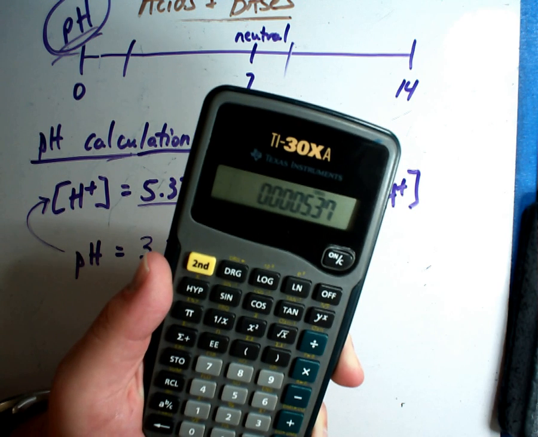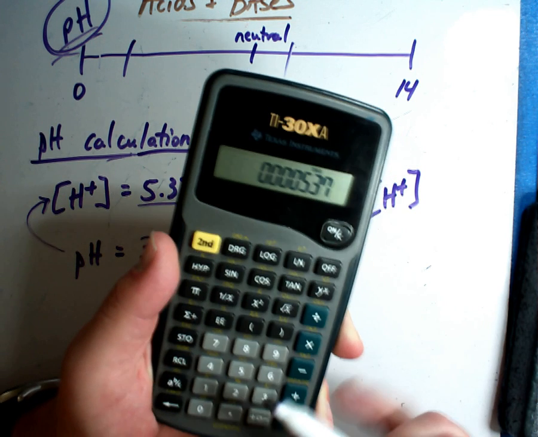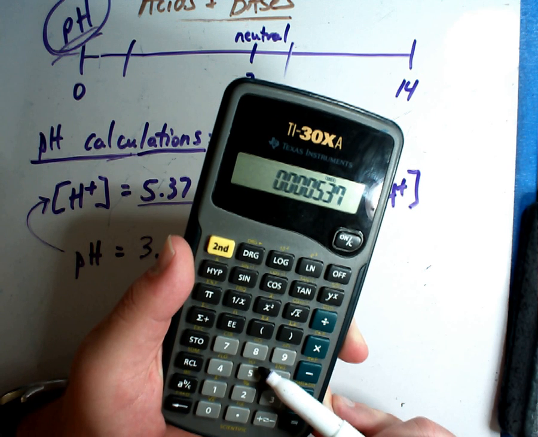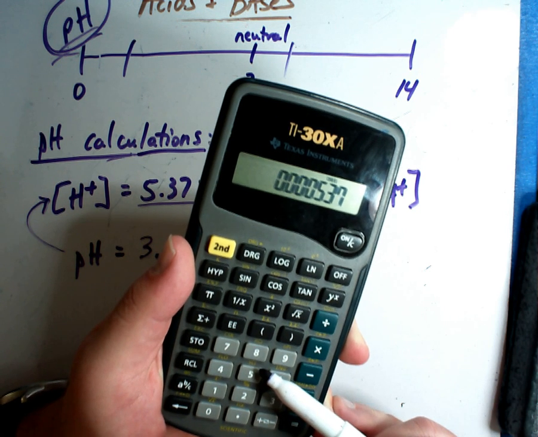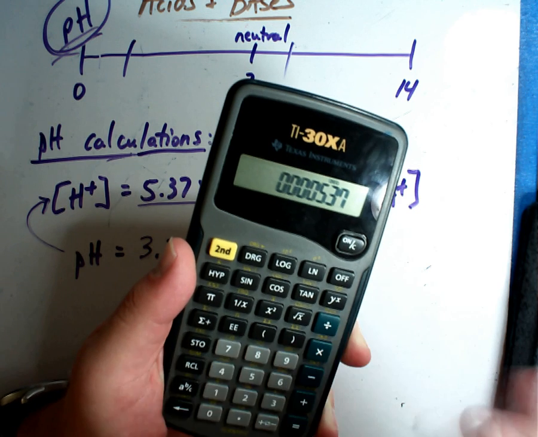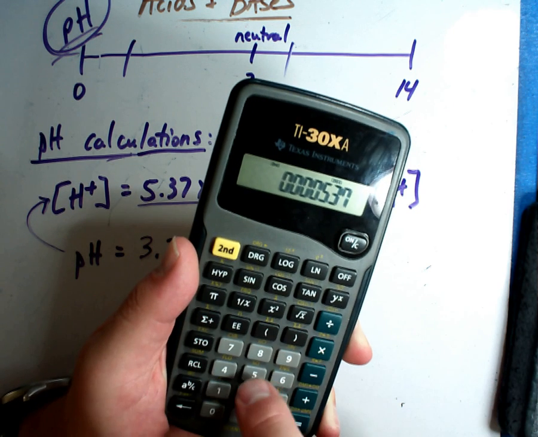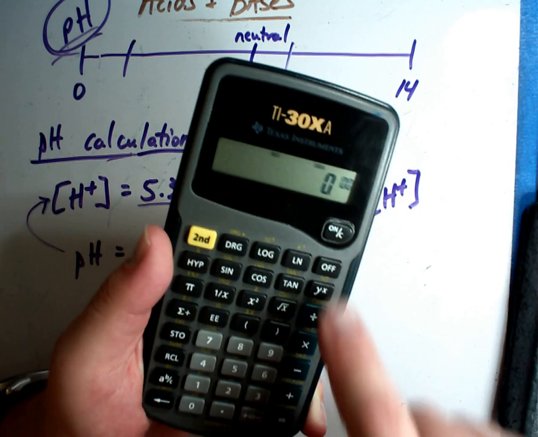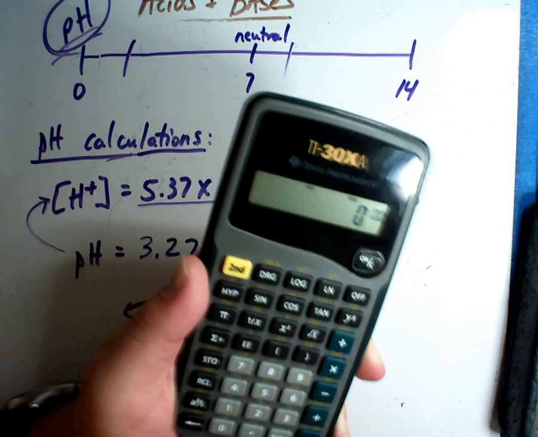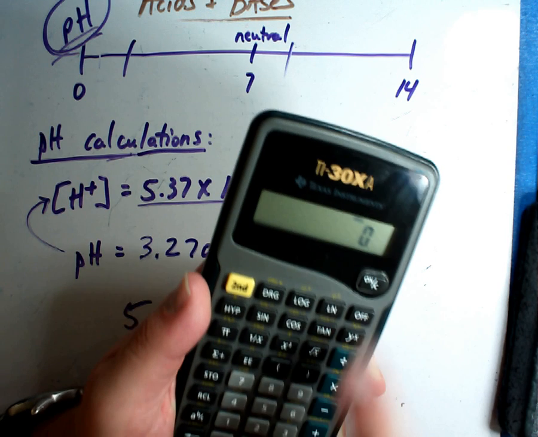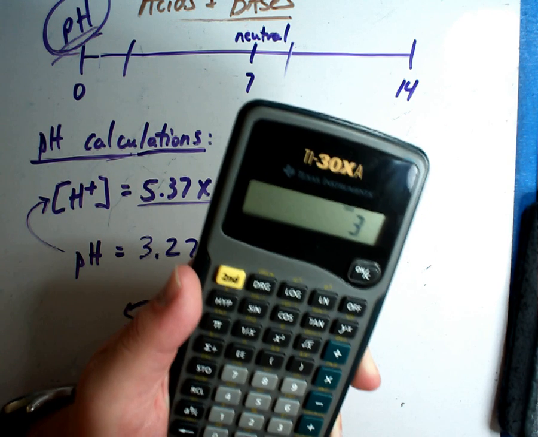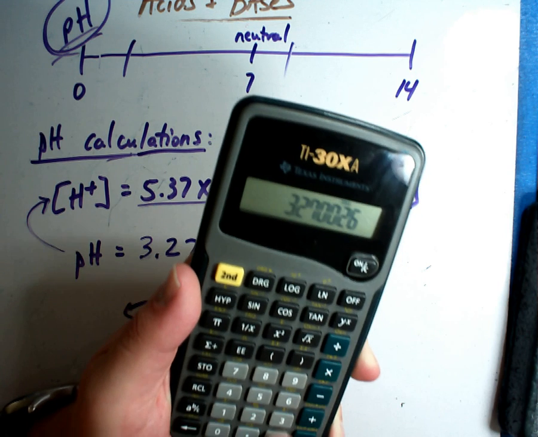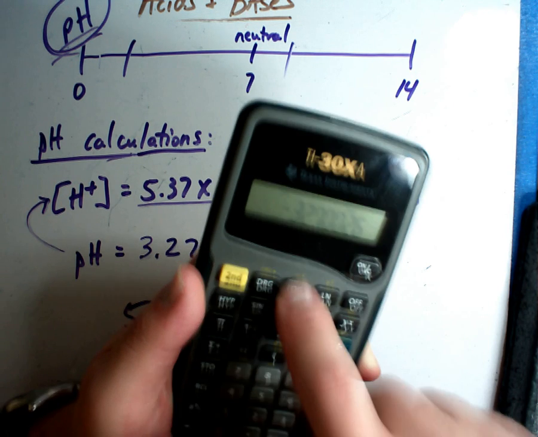Why? Because it's not in scientific notation. Well, most scientific calculators tell you, like on this calculator, how to put it in scientific. It's right above my number 5 key. So I'm smart enough to know how to use this calculator, and I just blanked it. So let me try it one more time. I'm sorry. If I put negative 3.270026, put the negative back on it, 10 to the x.